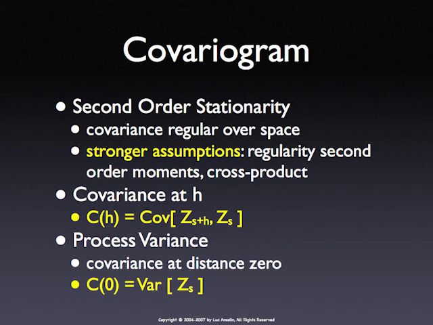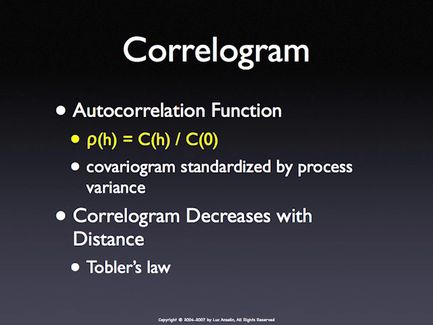So simply, for every distance h, we take the covariance for that distance h. So this is a measure of how the values at locations that are h apart covary. In other words, how similar are they? And we scale this by dividing it by the variance of the process. This is a standard correlation function. In a standard correlation function, we also have a covariance, and we have the square root of the variance of the first variable and the variance of the second variable.